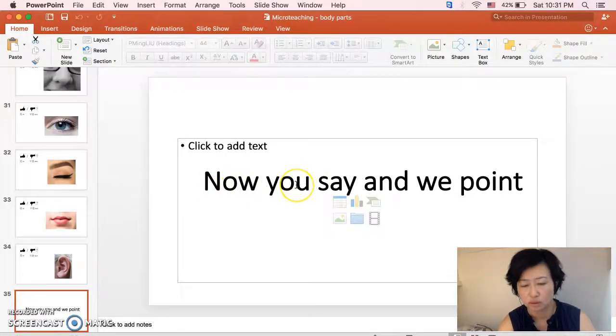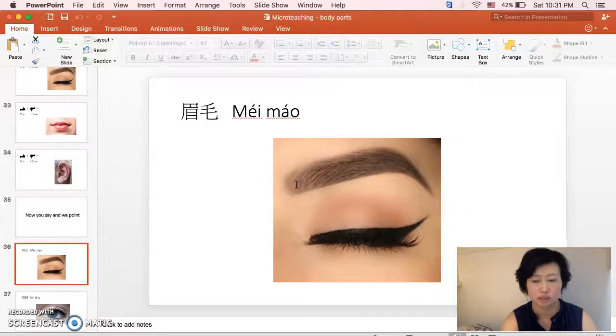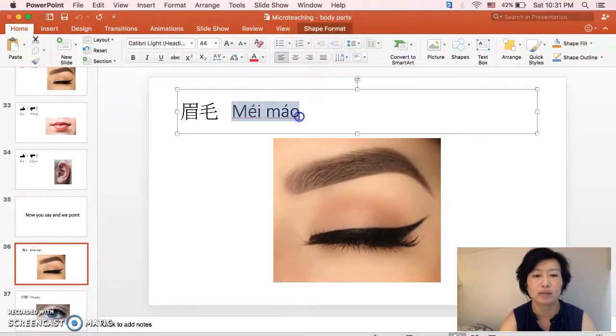Now students are invited to say, as they see each picture of the body part, and then point, and then I would follow. So this is the you do part. So if this picture shows, the student has to recognize it's eyebrow and say eyebrow, and then point to the eyebrow.